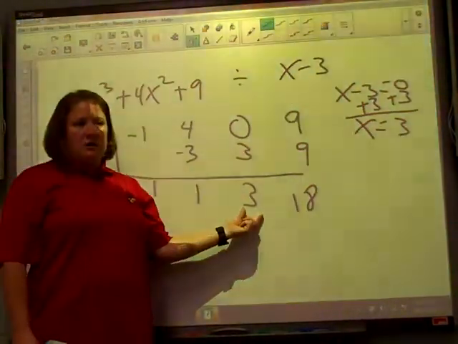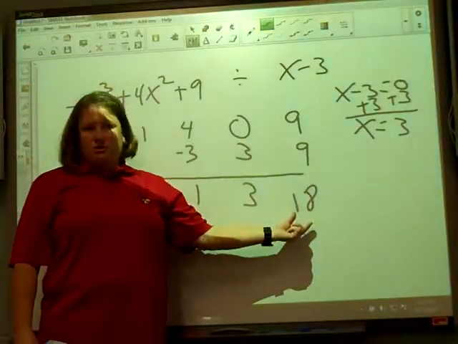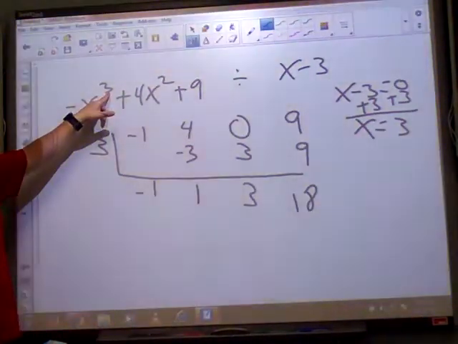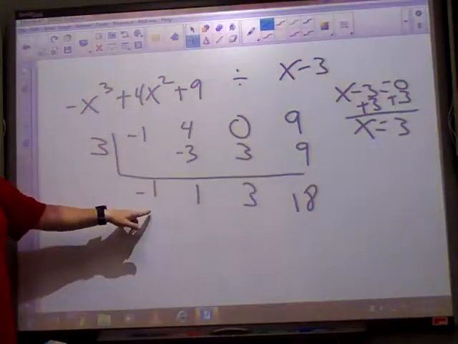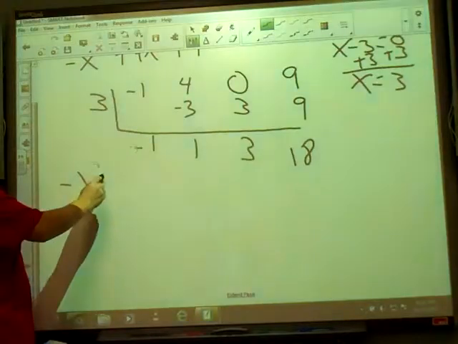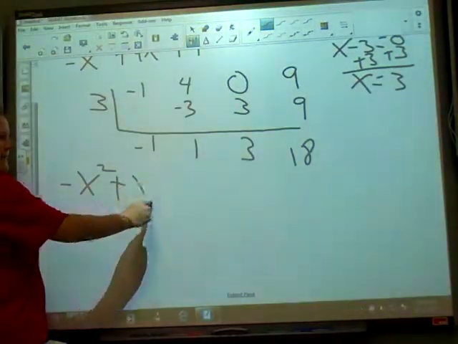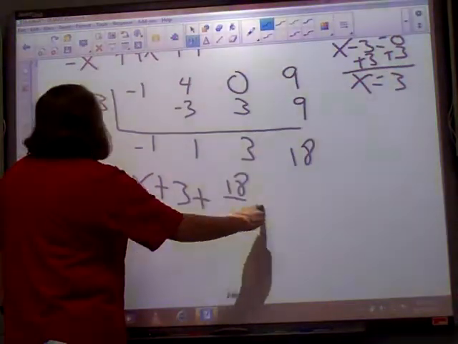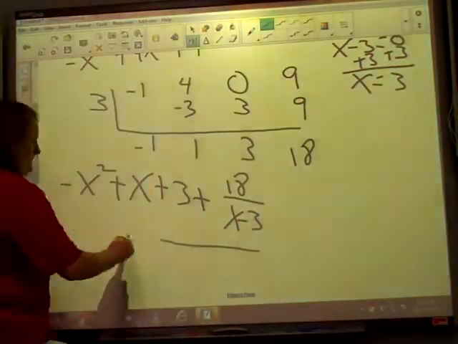Our third number is the constant. The last number is your remainder. So whatever your highest power here is, your answer will be 1 less than that. So that's negative 1x squared, plus 1x, plus 3, plus 18, plus my remainder over what I divided by.